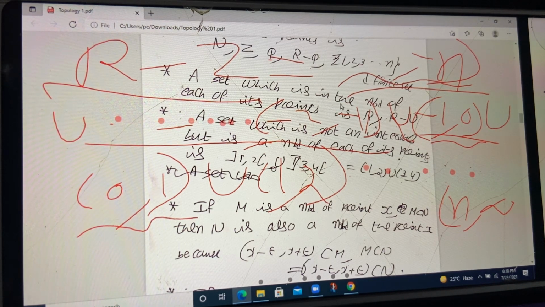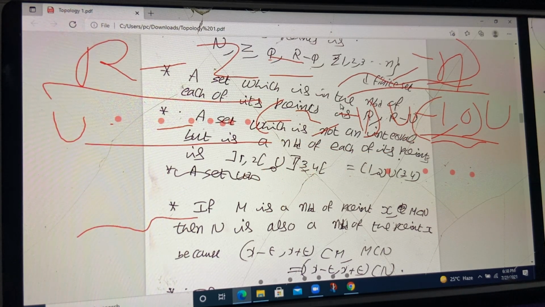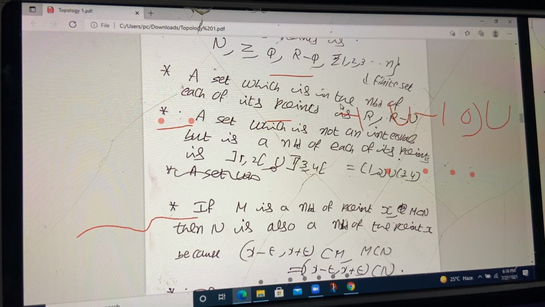Okay, so note down this point now. Example of a set. Take the next point.